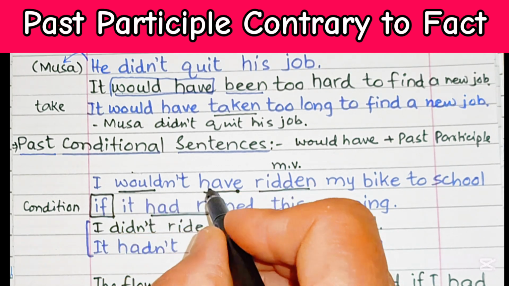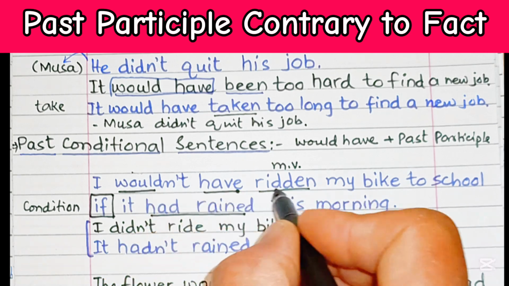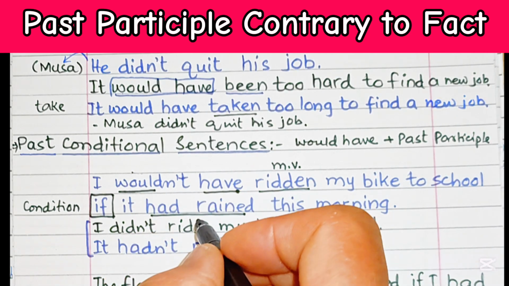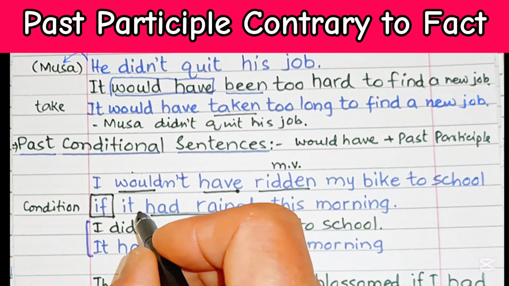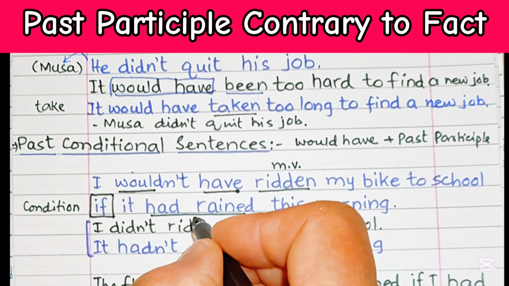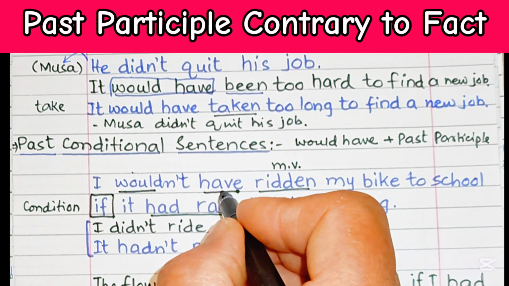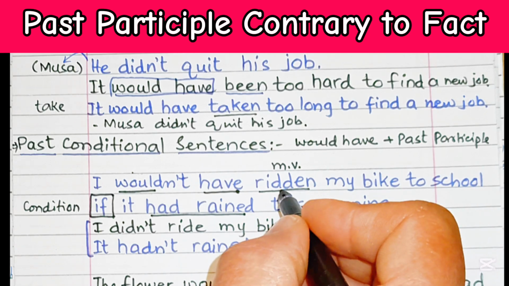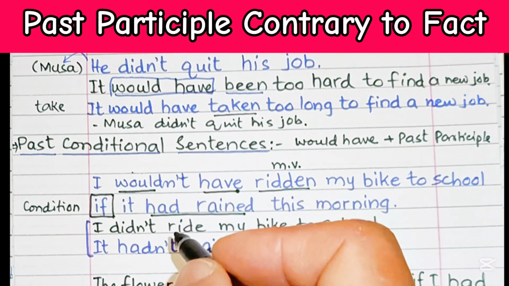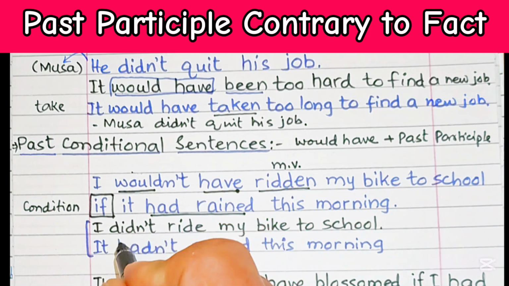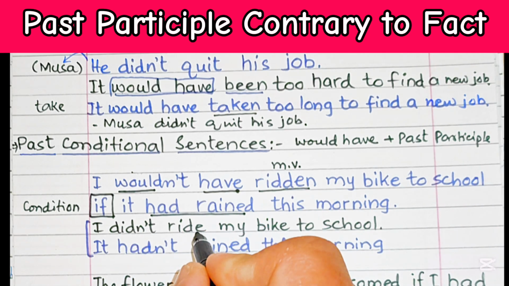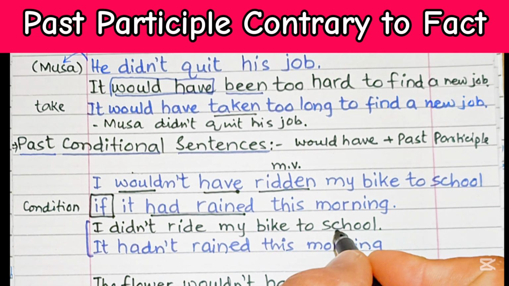So this could not happen due to this. So it didn't rain this morning, due to which it had not happened. This means that I didn't ride my bike to school.